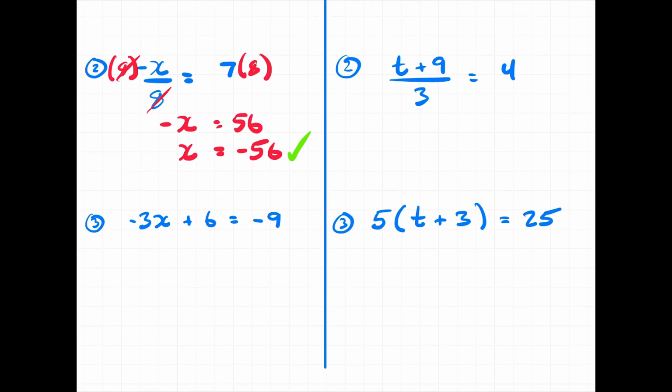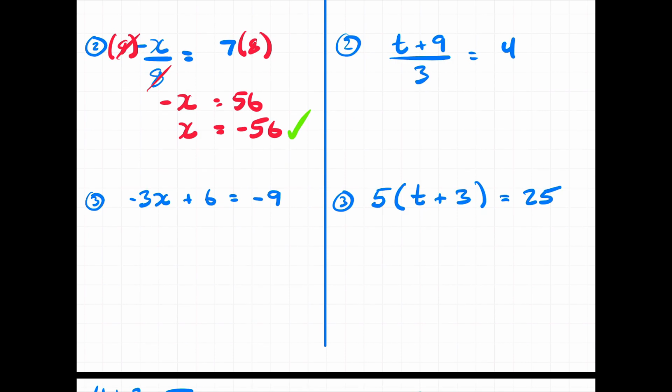Okay, and the last question, number 3, is a two-step equation. In this case, I'm going to try and get rid of that 6 first. So I need to minus 6. And if I do it to the left, I'm going to do it to the right. It cancels right here.